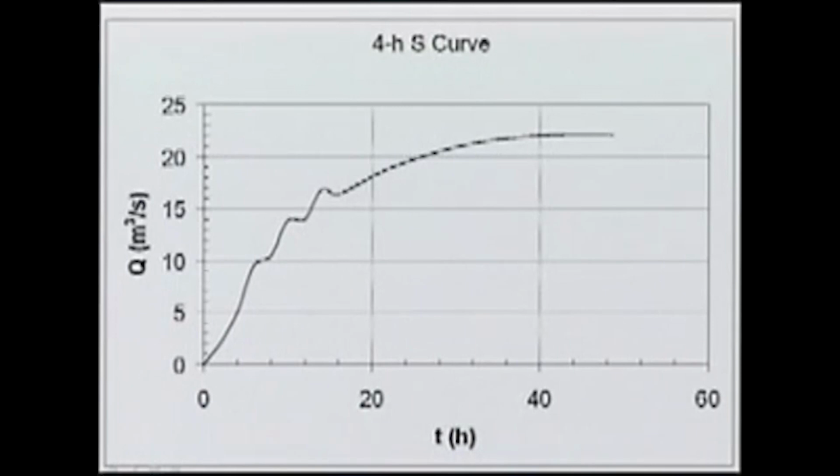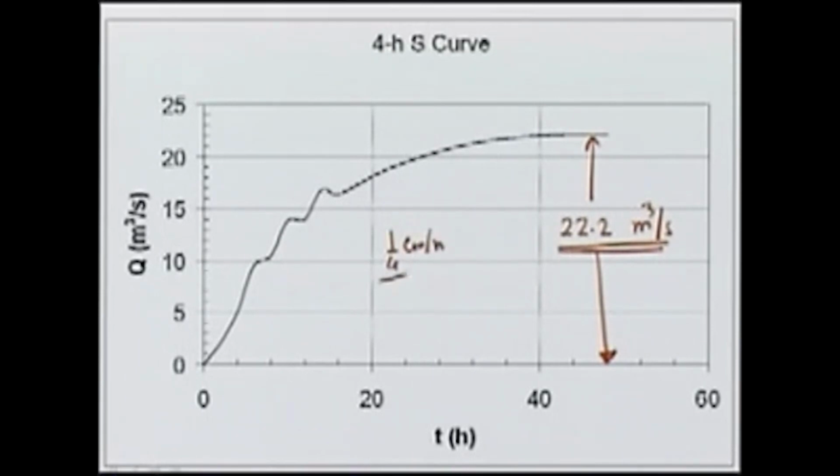The plot is shown here. So, this value, as we have discussed already, corresponds to a rain of 1/4 centimeter per hour occurring continuously over the catchment.